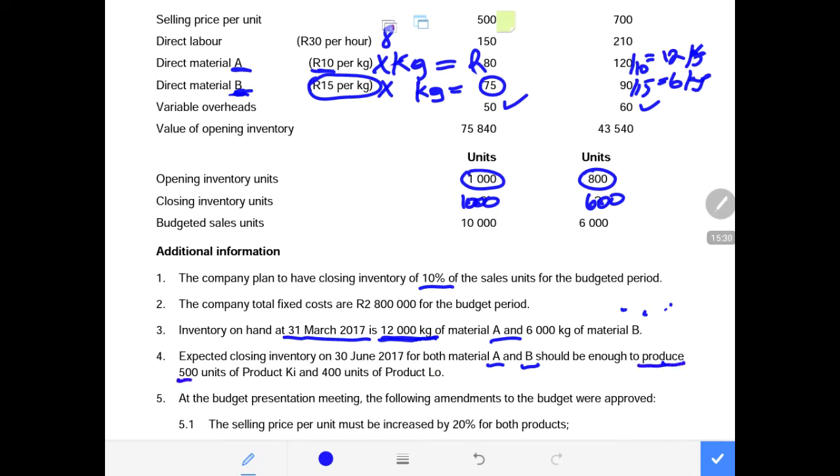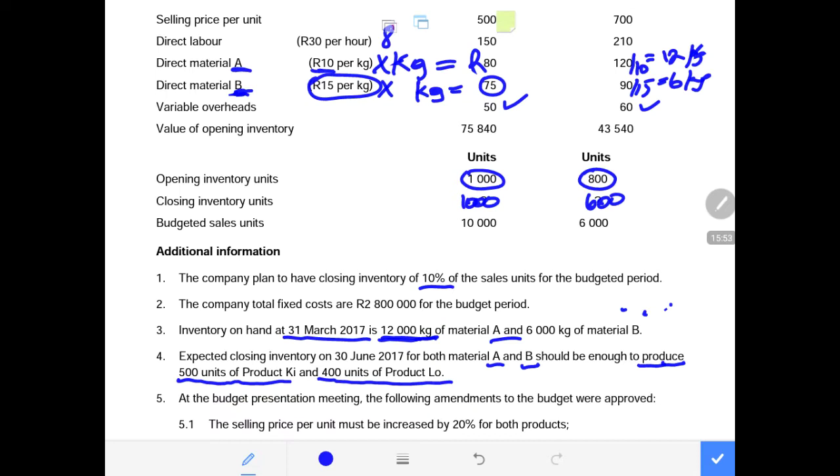To produce 500 units of product KI and to produce 400 units of product LO. This is quite important because it is the combination of the completed units that need to be converted through the kgs to become the required material to complete the completed units.